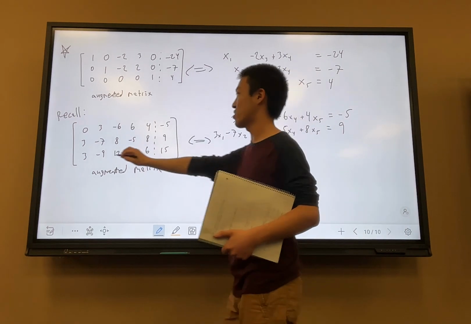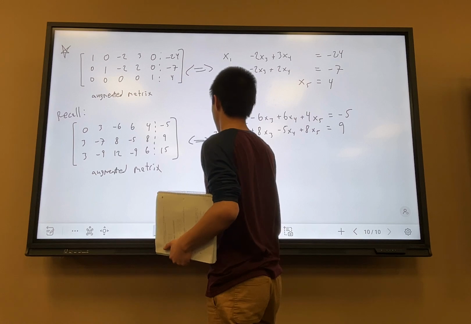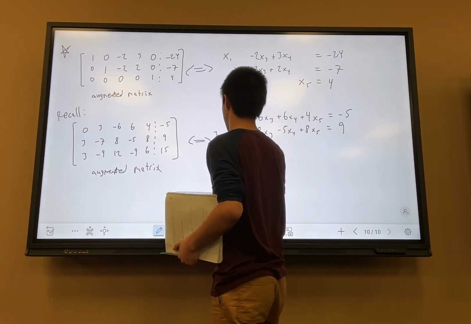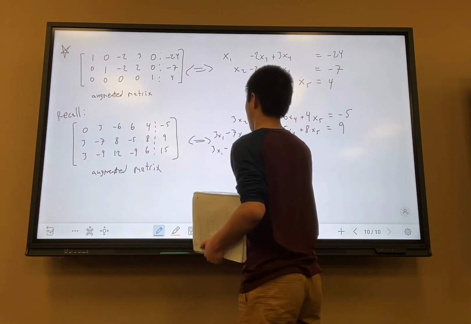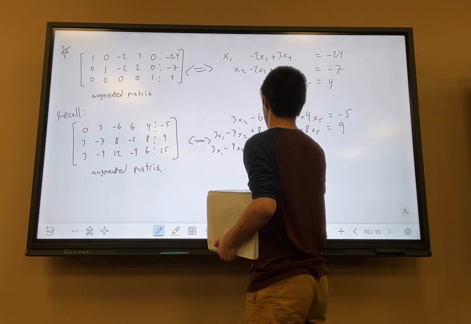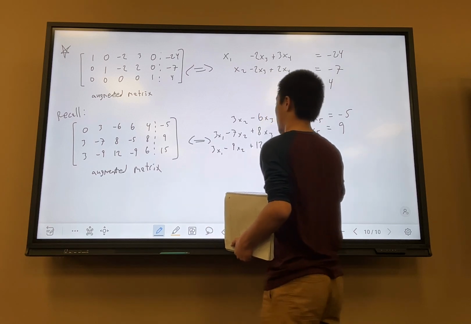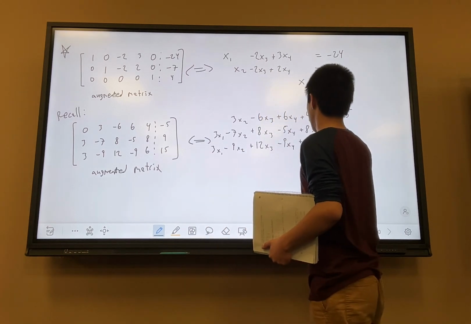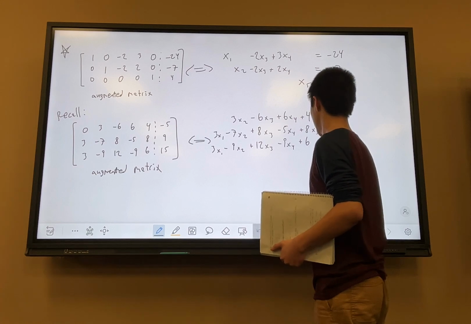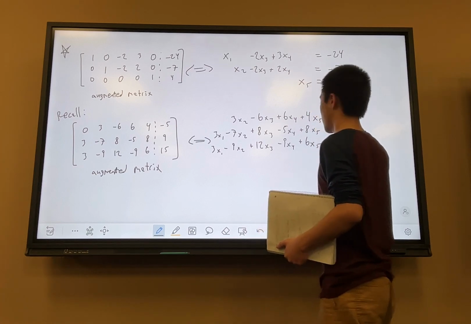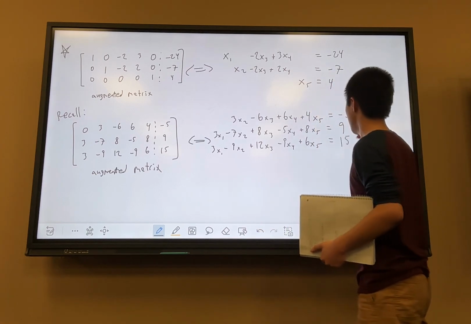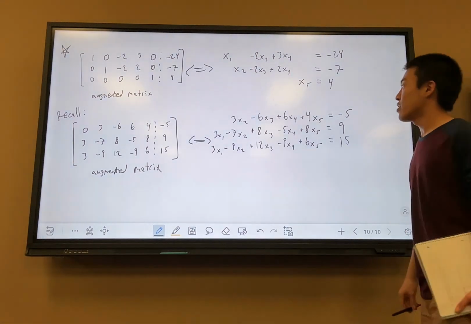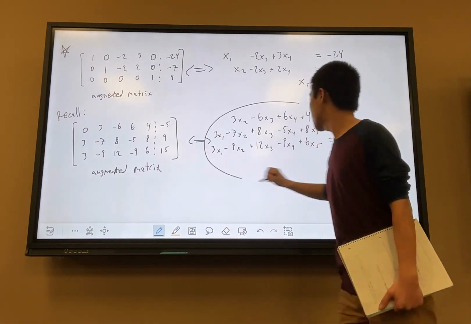And the last equation here would have been 3x1 minus 9x2 plus 12x3 minus 9x4 plus 6x5 is equal to 15.